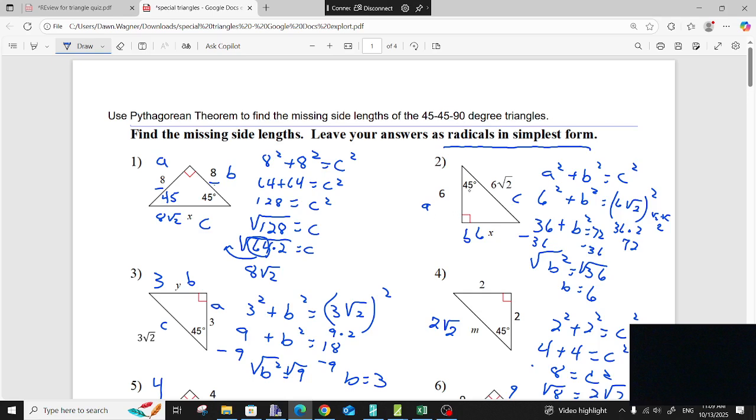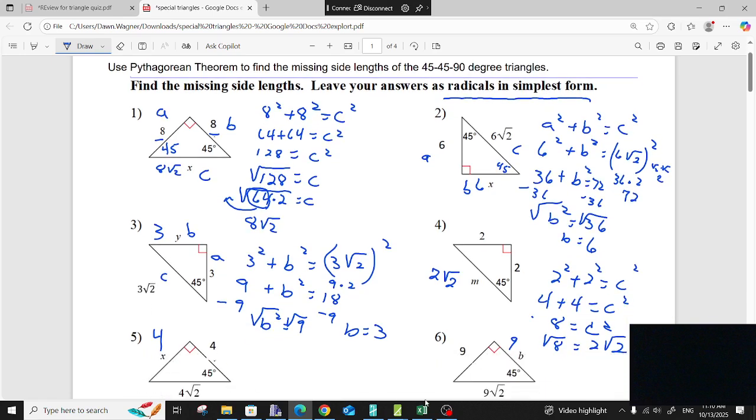Over here, across from the 45s, are 6s. What was the hypotenuse? 6 square root 2. Over here, across from the 45s, are what? 3. So what's the hypotenuse? 3 square root 2.